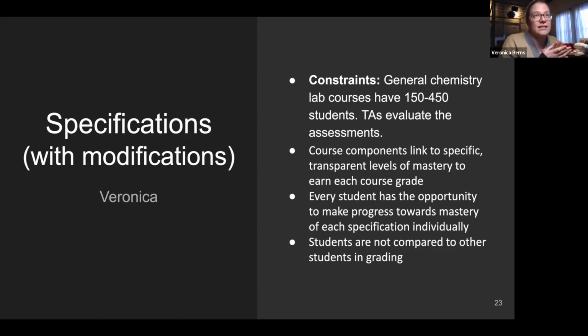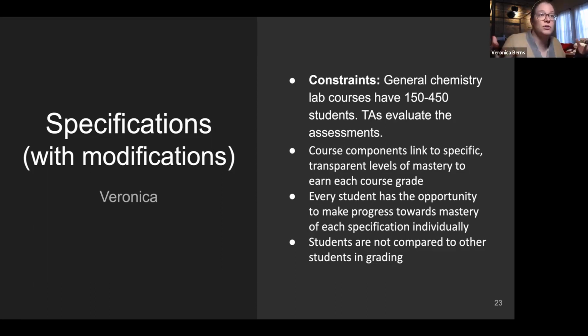What we've done is broken down our lab course into very specific and transparent levels of mastery that we want students to accomplish. We describe to them what that looks like for an A, for a B, for a C. Within all of those categories of the skills we want them to leave with, they basically get a grade.